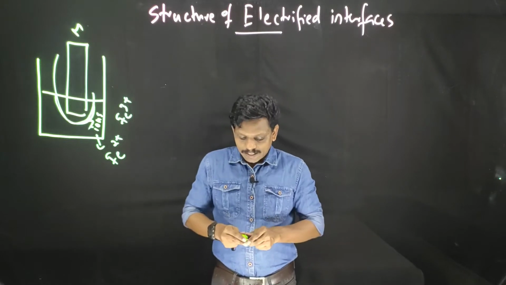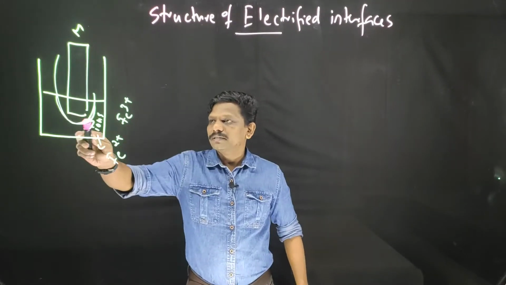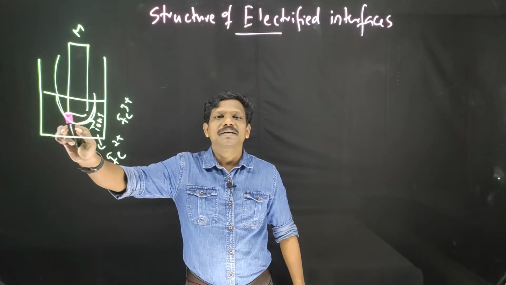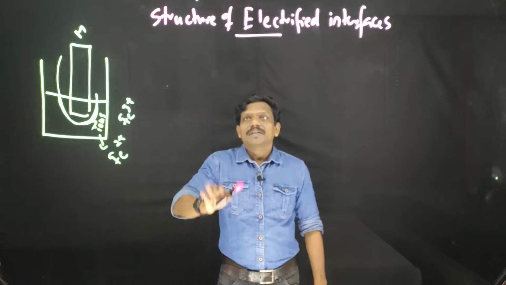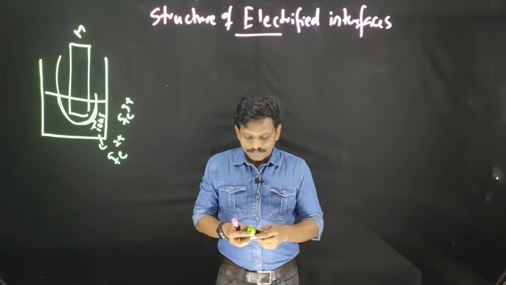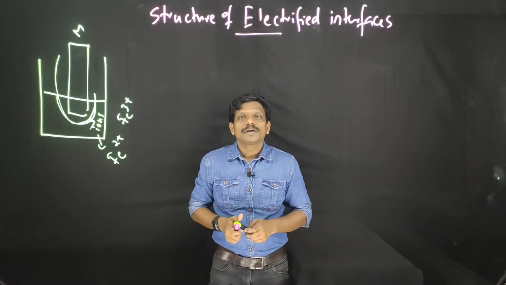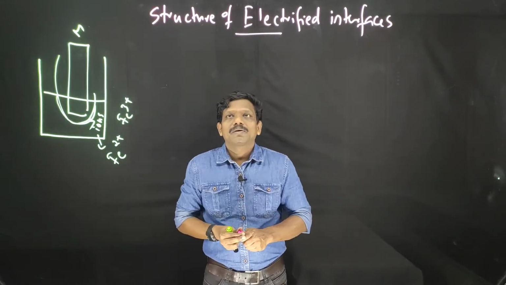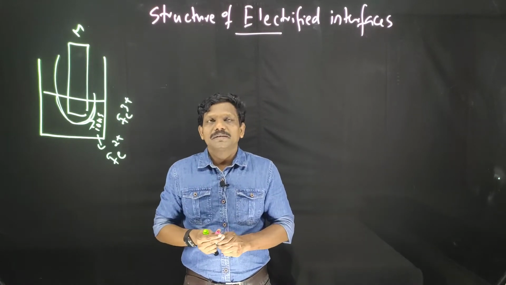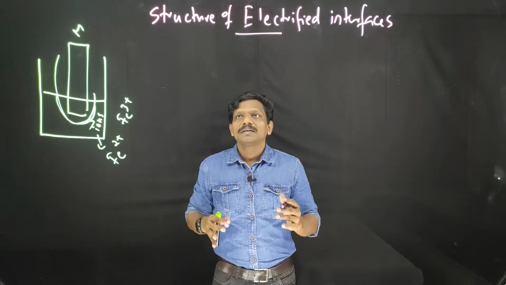Again, I told you about what happens at the interface, that is the structure of the electrified interface. To explain the structure of the electrified interface, there are a lot of models. There are three important models.